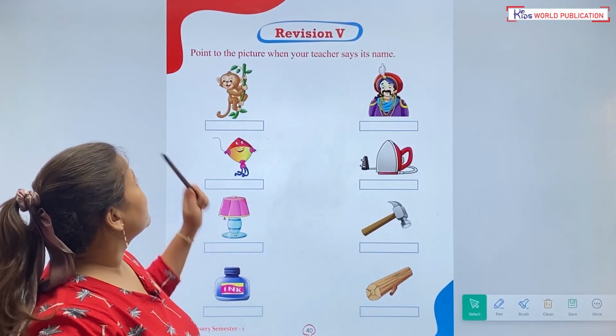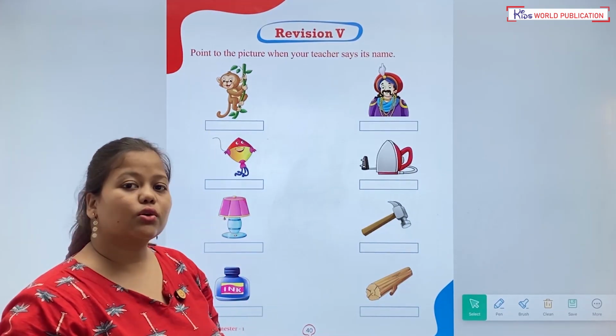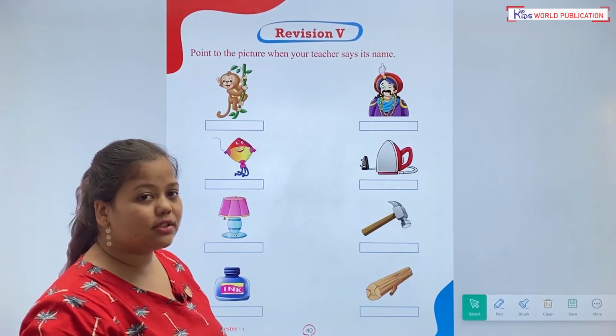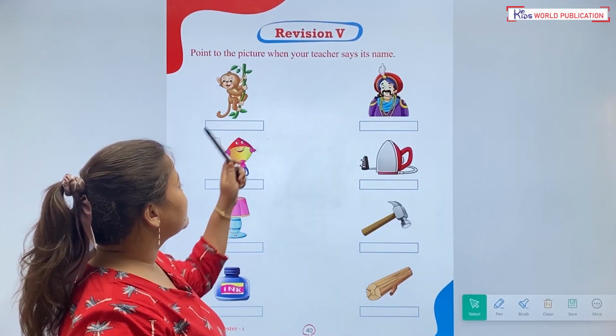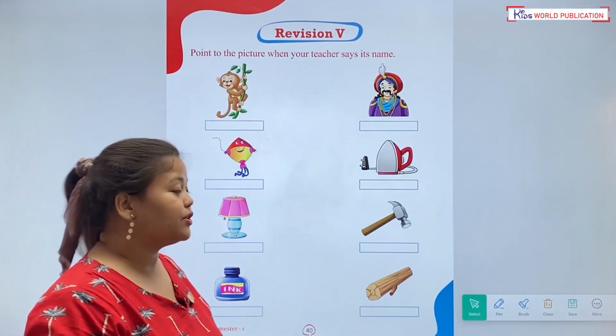Revision 5. Point to the pictures when your teacher says its name. So kids, this is your classroom activity. Your teacher says the name of one of these pictures and you will point that picture.